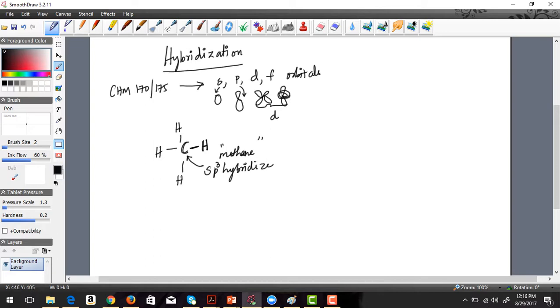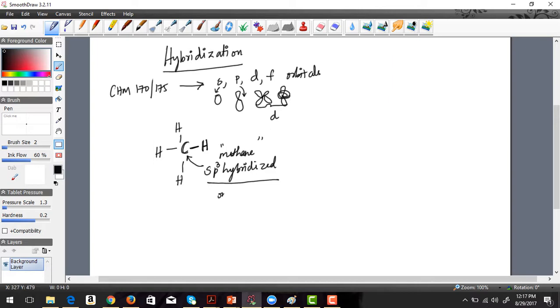We can go into discussion on how we got the sp3 at a later point, or probably not, but this is good enough. If all bonds to which that carbon is attached are single bonds, it's sp3.